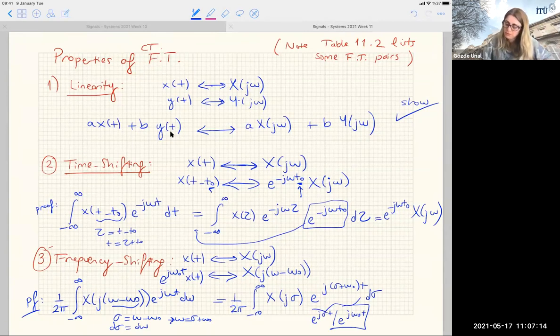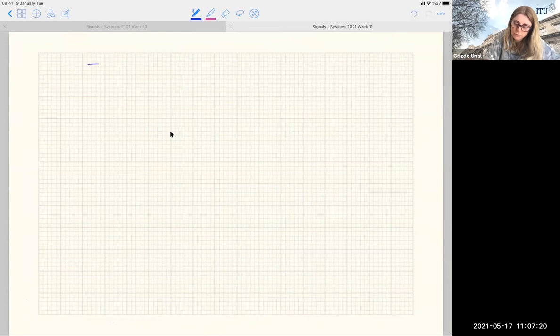Just for your notes, maybe we can redo this. This is equal to 1 over 2 pi, this goes out of the integral. Now what is our integral left with?